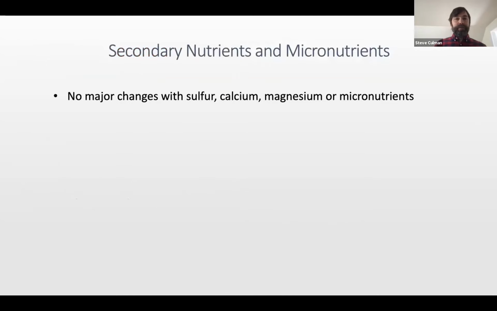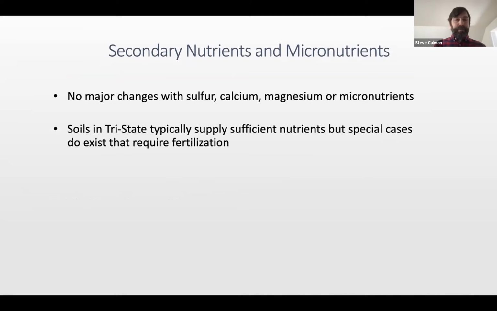In light of that, for secondary micronutrients there are really no major changes. Soils in the tri-state typically supply sufficient secondary nutrients and micros, but of course there are special cases. What about boron and zinc? We hear about this all the time. We've run trials and tried to find this, and we have been unable to find meaningful responses to boron or zinc in corn.